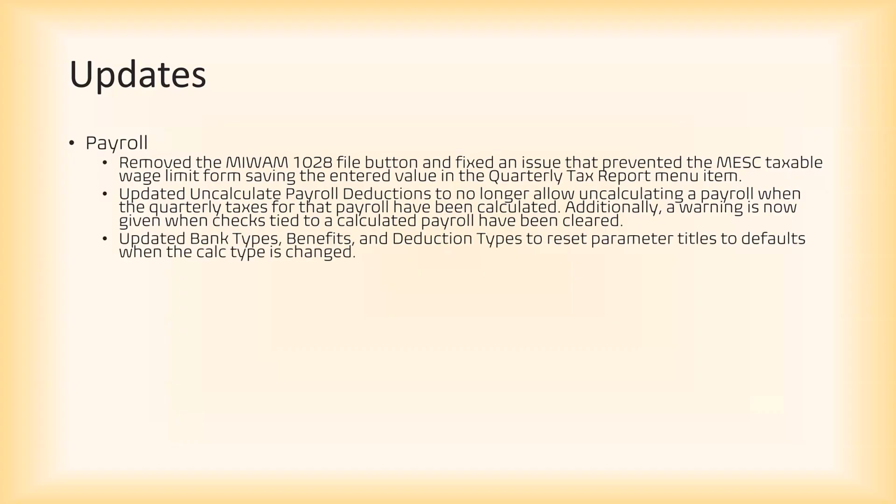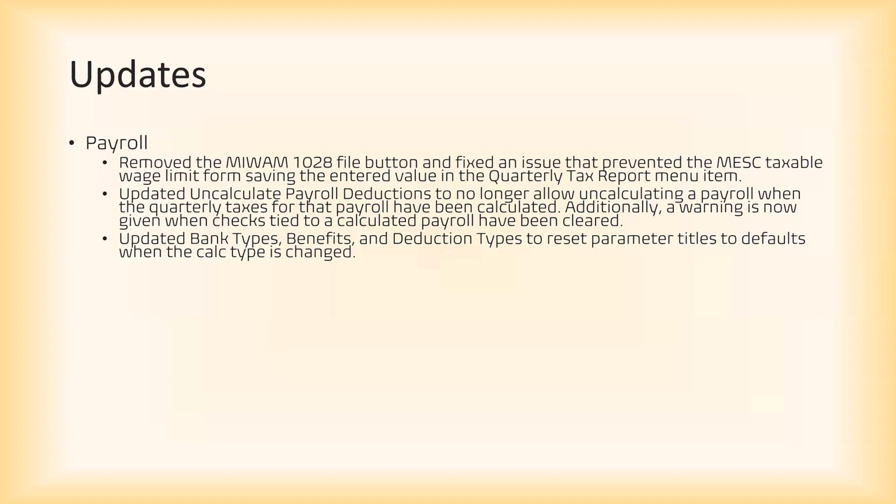Now in bank types, benefits, and deduction types, it will reset the parameter titles to defaults when the calc type is changed. We have defaults for parameter titles, and each of those menu items has 5 parameters, and depending on what calc type, that changes what the parameters are.